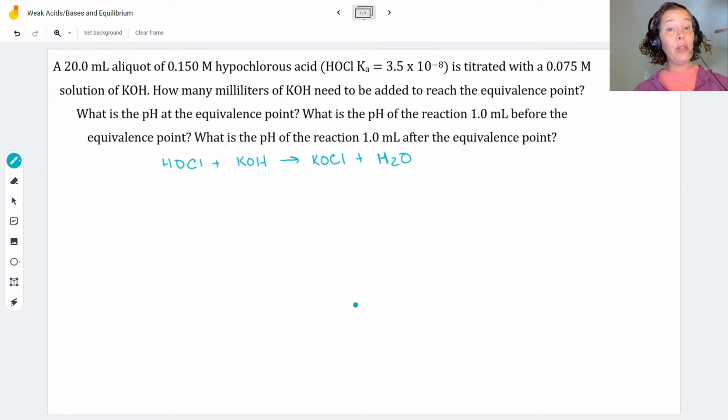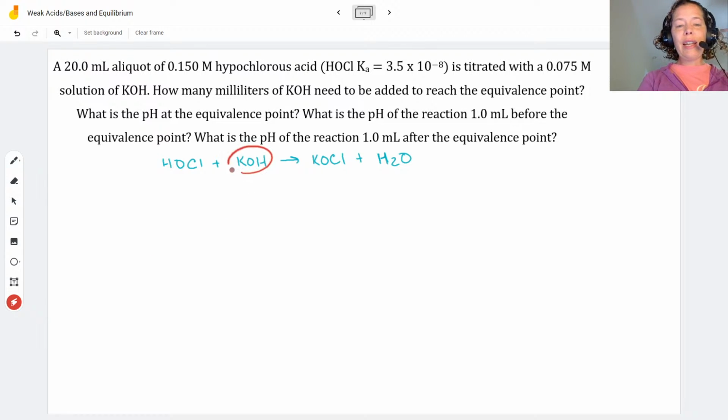It is not in equilibrium. This is a forward reaction only. So in any titration, if you have either a strong base or a strong acid, it is going to drive the reaction forward and forward only until all that strong acid or strong base is used up. So as long as we've got KOH in here, that's reactant, we only have the forward reaction.